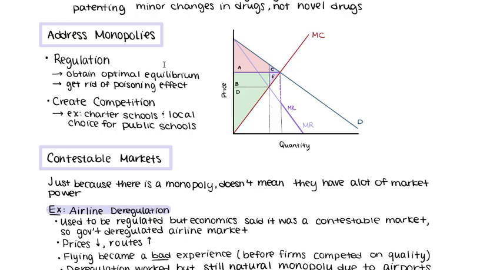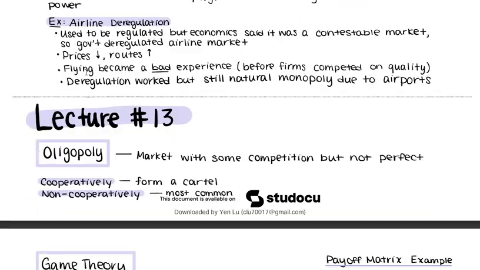You are the only school in that area, so you don't have to work really hard to get students. So the government can create competition by setting up charter schools. Then you have the incentive to work harder, because you are afraid that students will choose the charter school, not you. Okay, that's how to address monopolists.